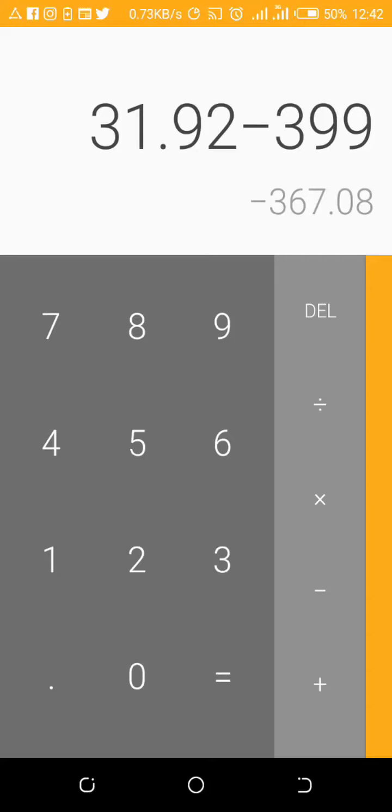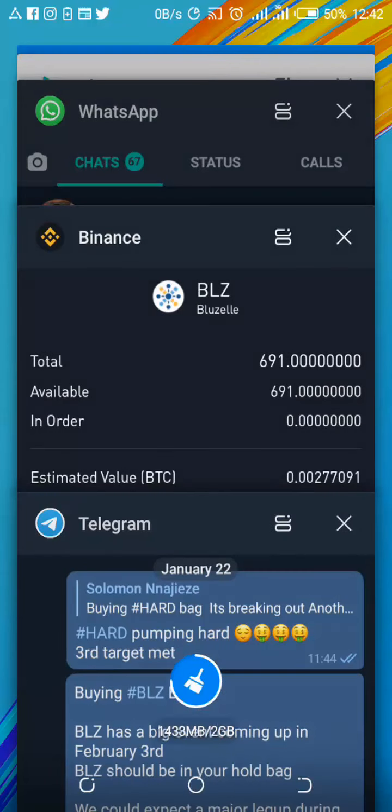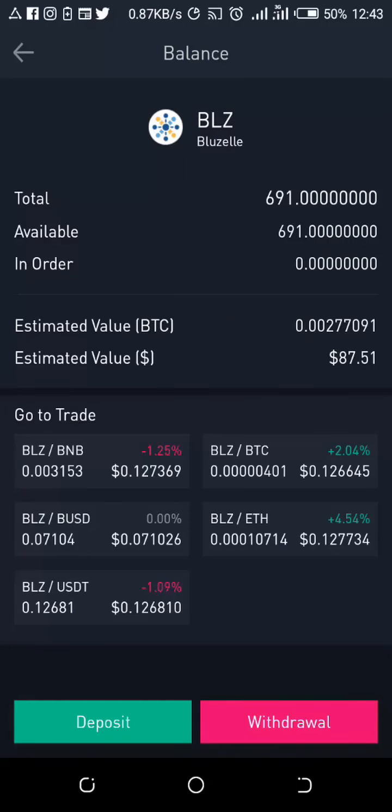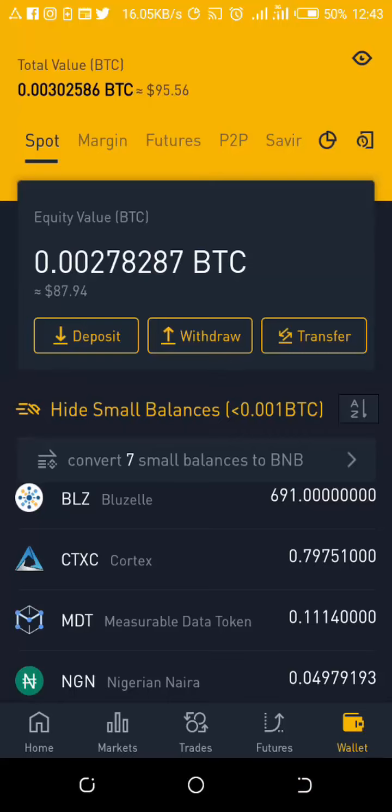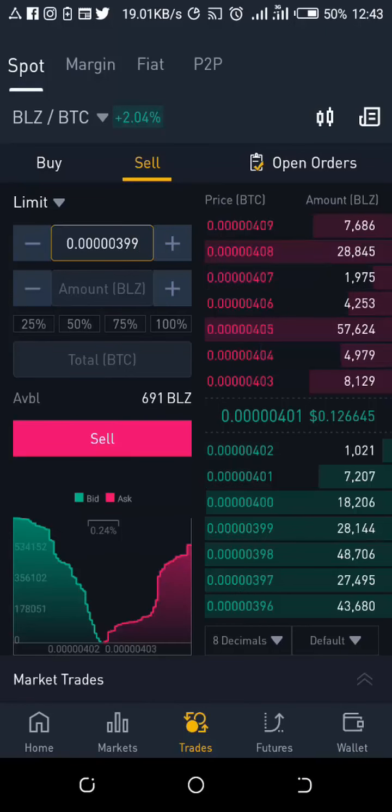Okay, then we go back to Binance. And here we are. Let's go back to trades. Then we are selling BLZ. We have bought. Then let us see how we can sell using a stop loss of 8% from our buy zone.